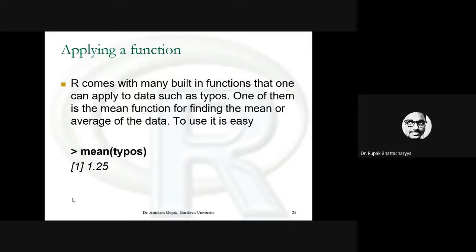Applying a function. R comes with many built-in functions that one can apply to data such as typos. One of them is the mean function for finding the mean or average of the data. To use it, it is easy. Just type mean within bracket variable name typos.